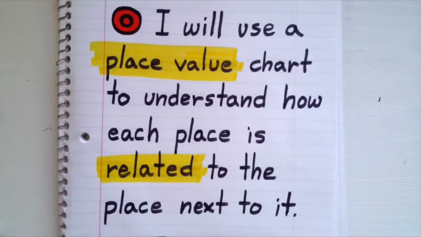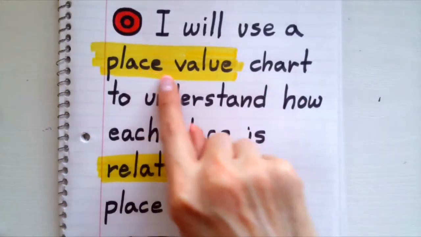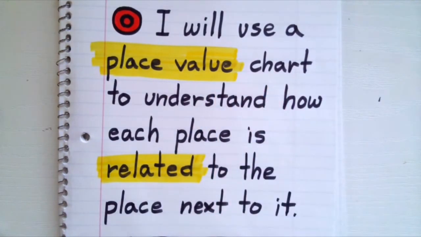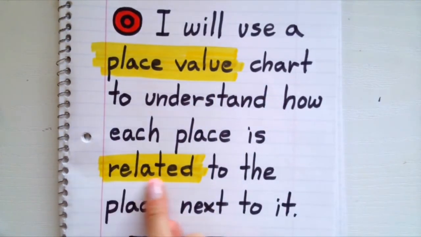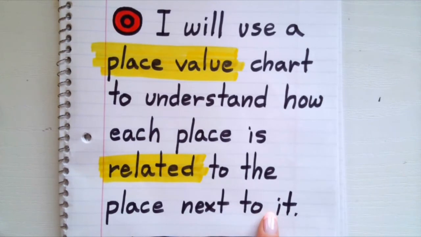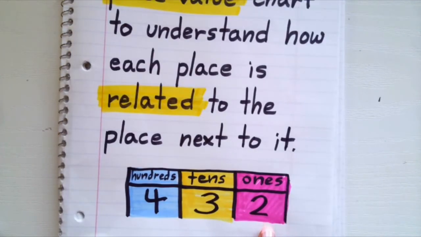Remember, what we're doing today is using a place value chart to understand how each place is related to the place next to it. The ones place digit is counting how many ones, the tens place digit is counting how many tens, and the hundreds place digit is counting how many hundreds.